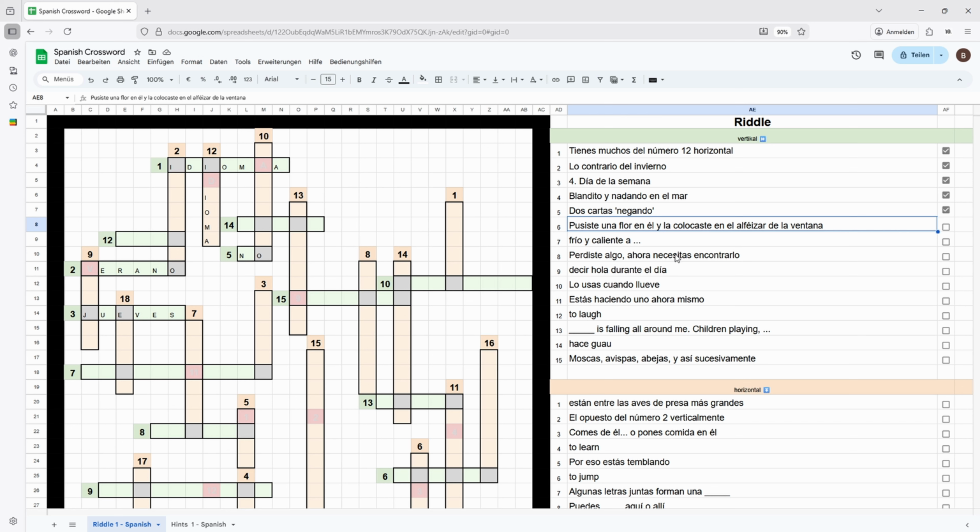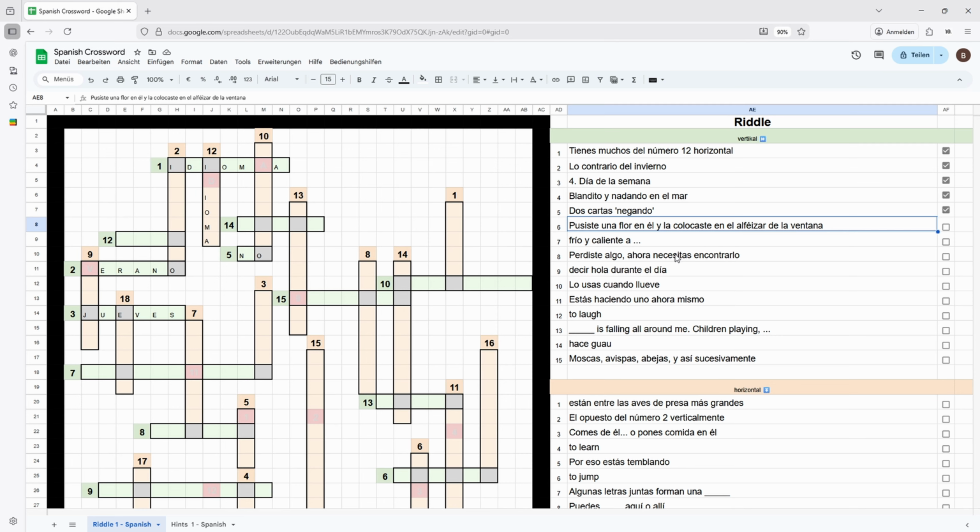Next one. Pusiste una flor en el y la colocaste en el alféizar de la ventana. So you put a flower in it and put it on the, what's it called? The window. I don't know. My brain is not working. You put it in front of the window.